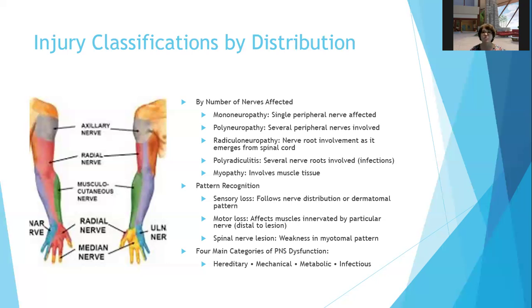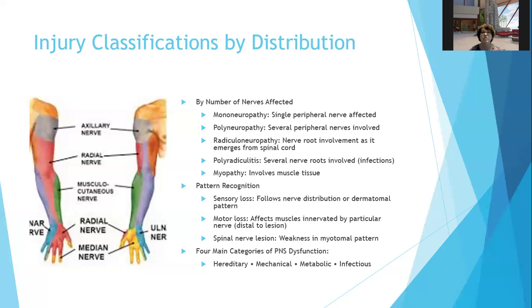You can have sensory loss following a peripheral nerve distribution or a dermatomal pattern. You can have motor loss that affects muscles innervated by a particular nerve distal to the lesion, so you'll have the loss in a myotomal pattern. You can have a spinal nerve lesion, and spinal nerve lesions give you weakness in a myotomal pattern as well.